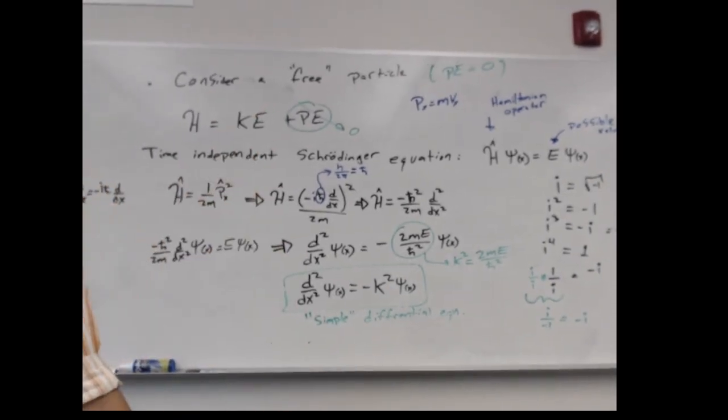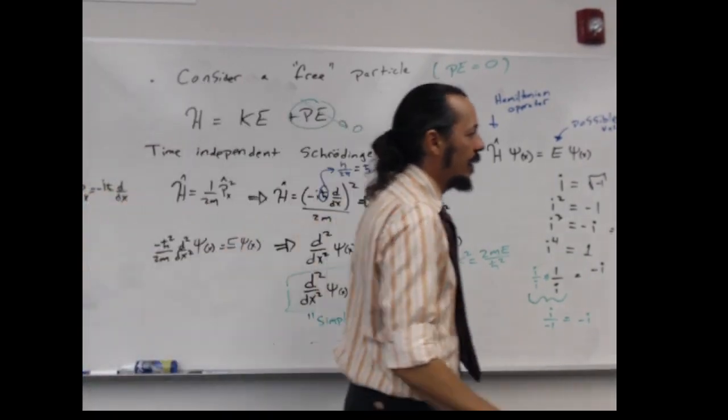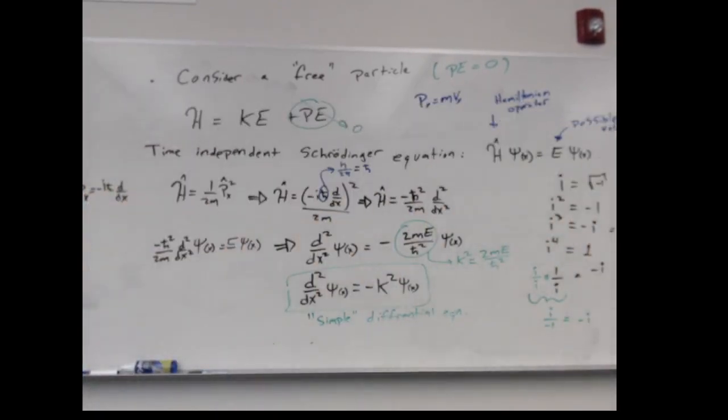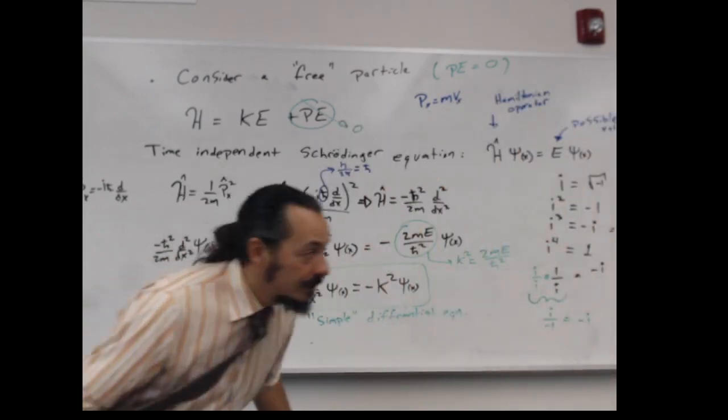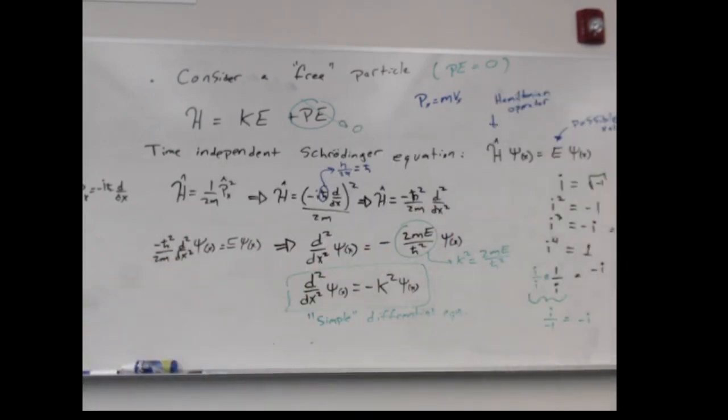Question? Before we move on, can you explain why that's not an eigenvalue problem? So x e to the ikx, this is a different function. Right, x times e to the ikx.